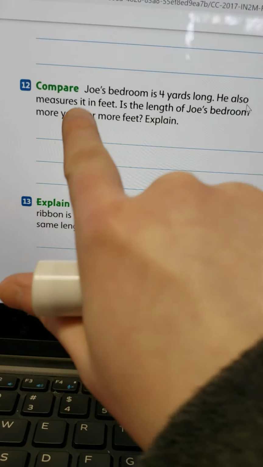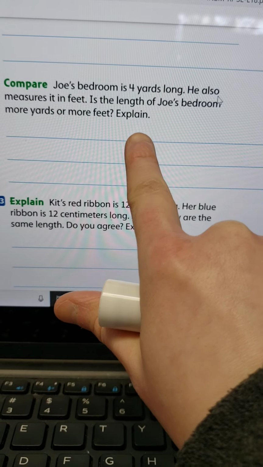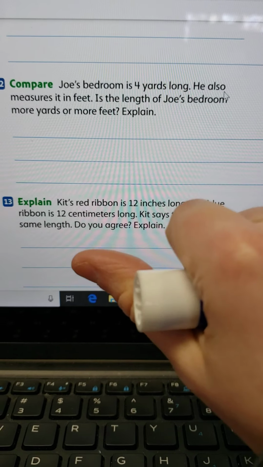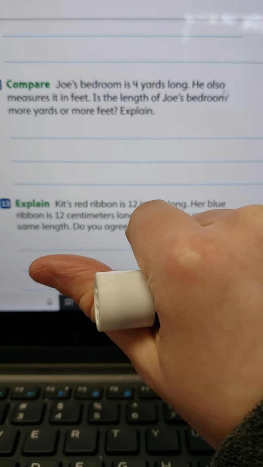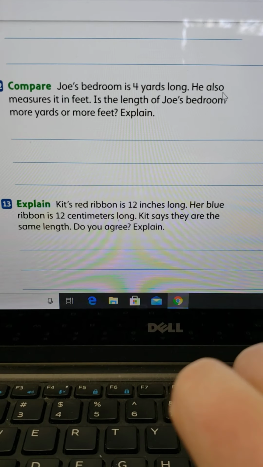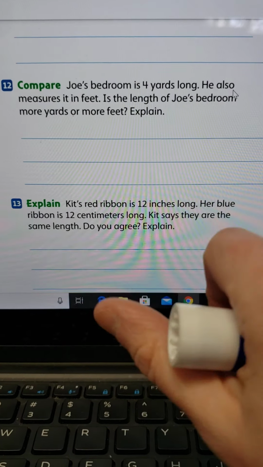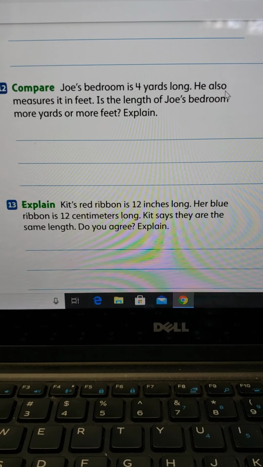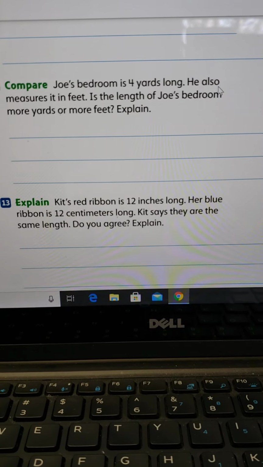So we're going to write, 12 feet is more. There's going to be a lot of writing today, so we're going to shorten some of these. We're not going to write whole entire sentences, especially since I can't write on my computer screen. Right? Next problem.